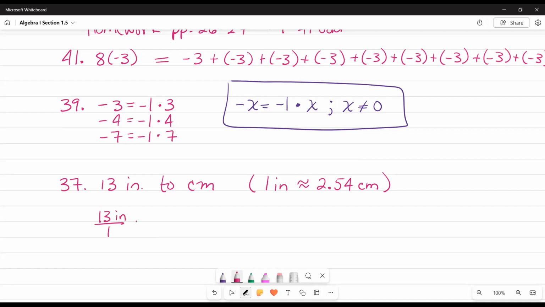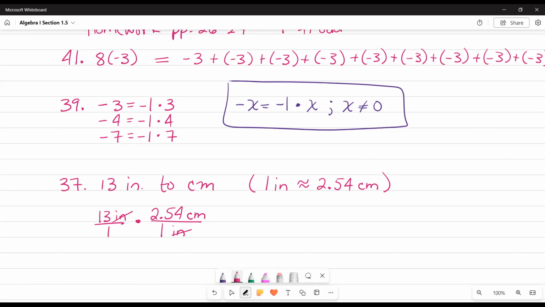What is my unit multiplier? 2.54 centimeters over 1 inch. So when we write it this way, do we cancel our inches and we're left with only centimeters? Yes.